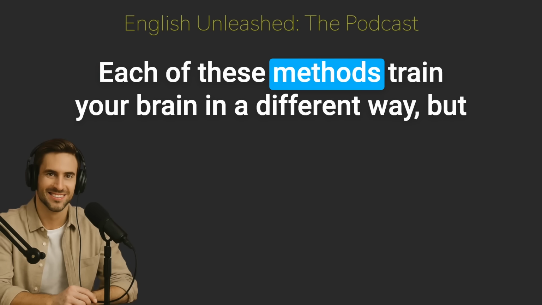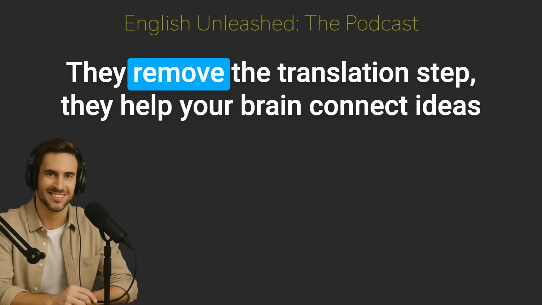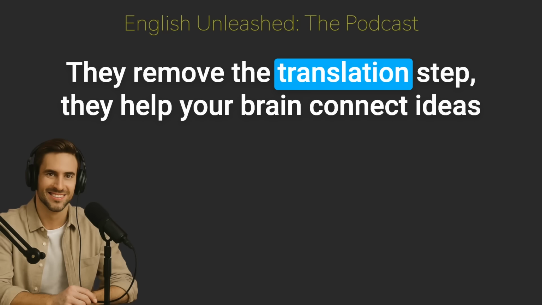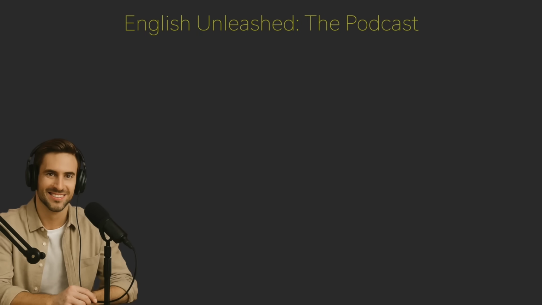Each of these methods train your brain in a different way, but they all do one important thing. They remove the translation step. They help your brain connect ideas directly to English. And when that happens, something amazing begins.